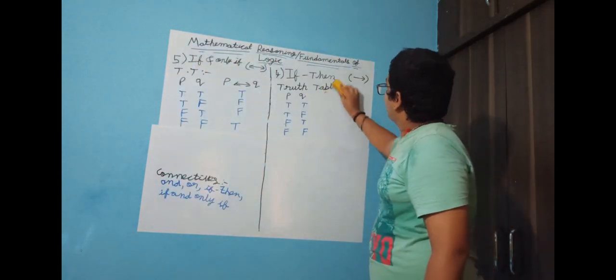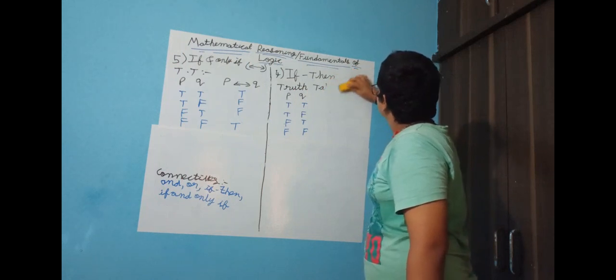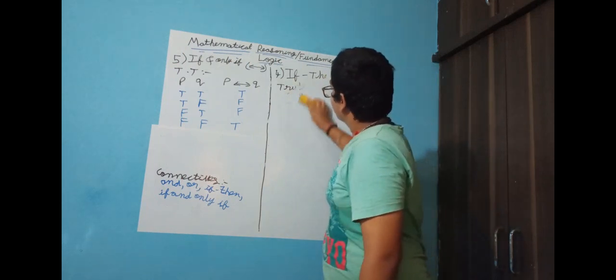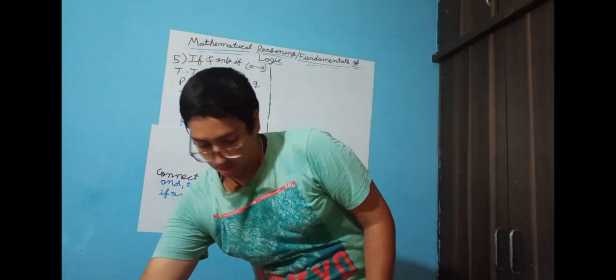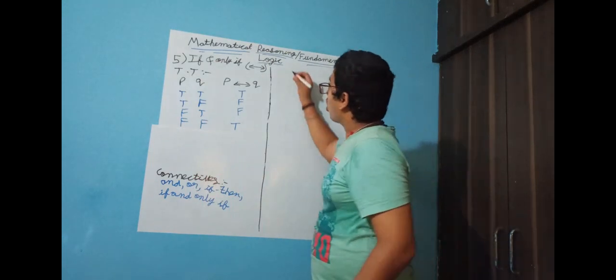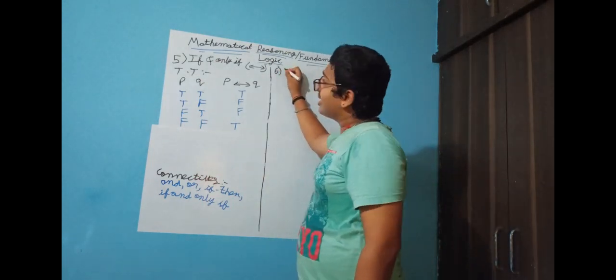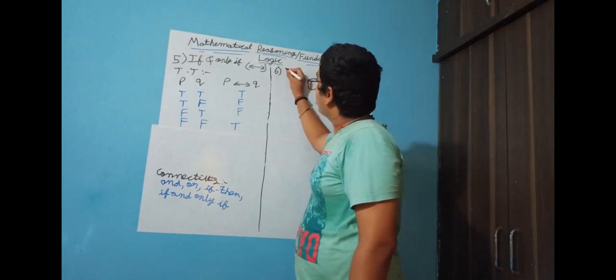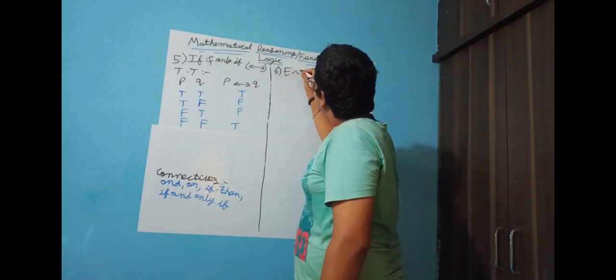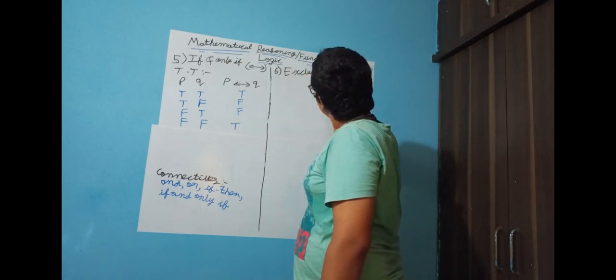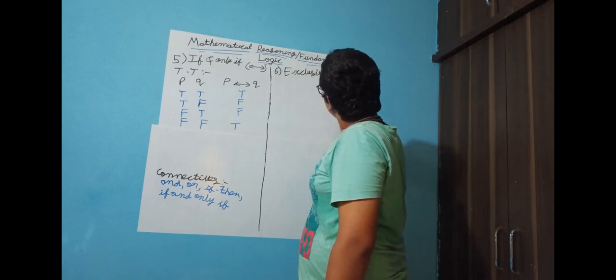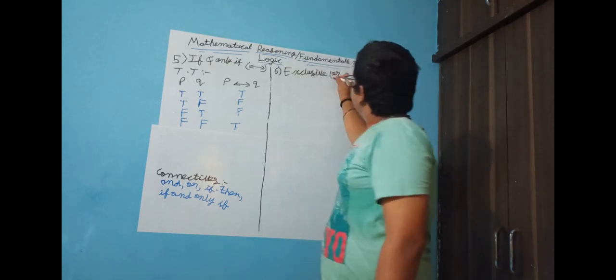Now next, the sixth one we are going to see. Exclusive OR. In logic gates we call this XOR.